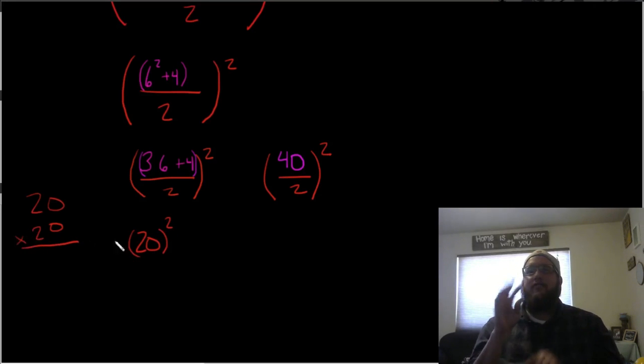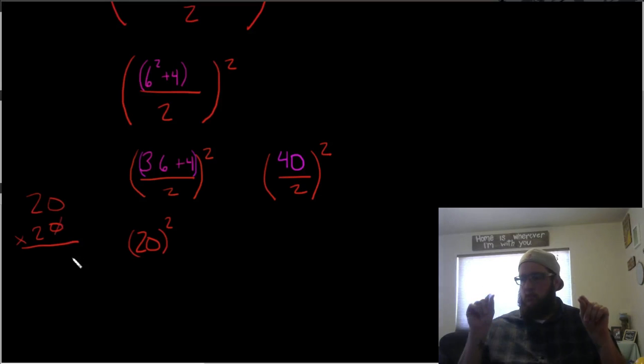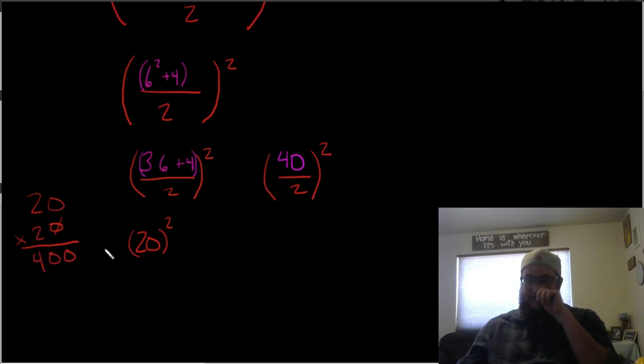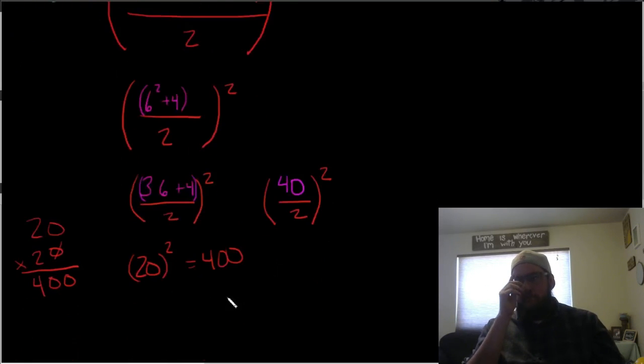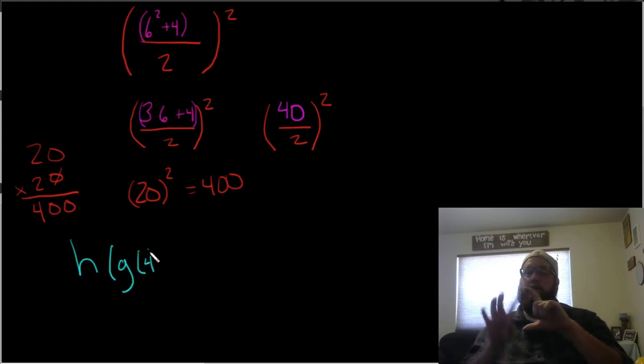That is not what this is. 20 squared says 20 two times multiplied together. 2 times 0 is 0. 2 times 2 is 4. This is 400. So h of g of 4 is equal to 400.